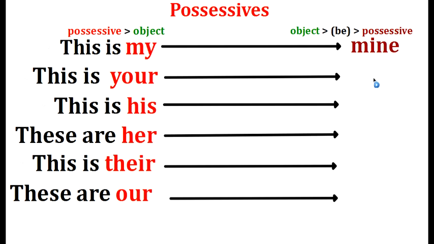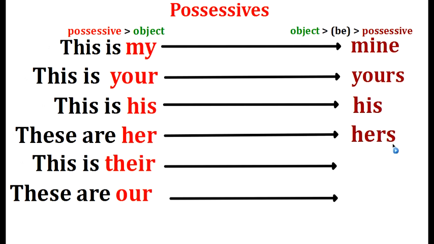So, when we use my, we also have mine for a possessive. We have your and yours with an extra S. We have his and we use his, and those are the same. They are equal. We have her and hers.